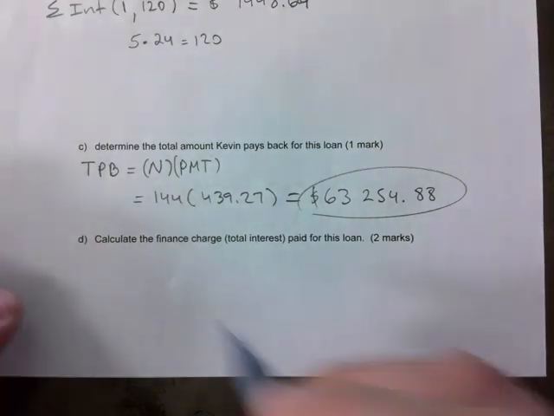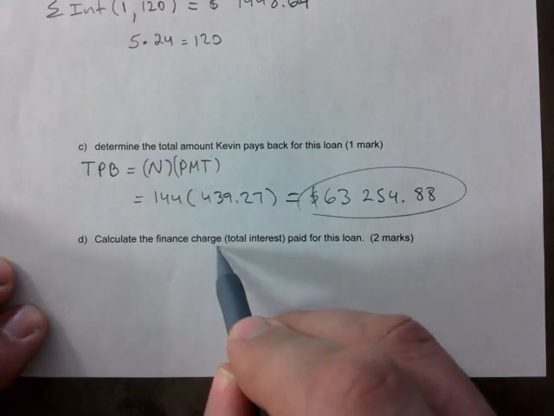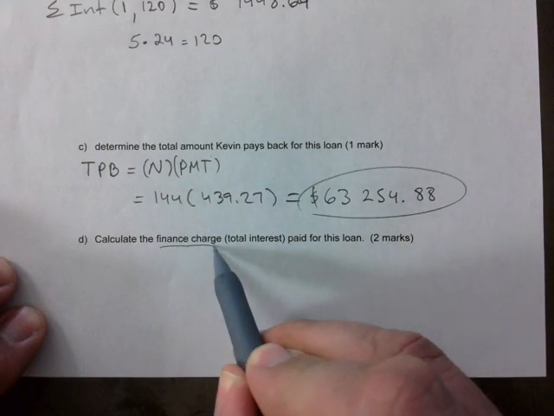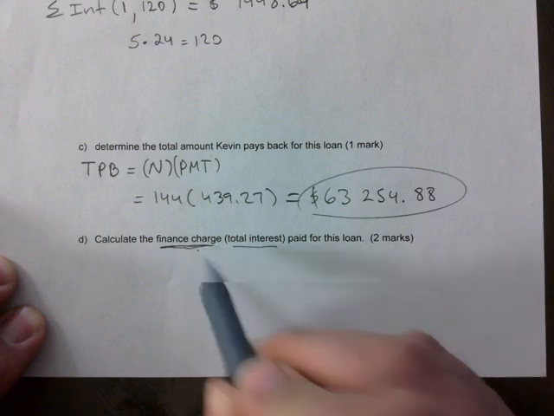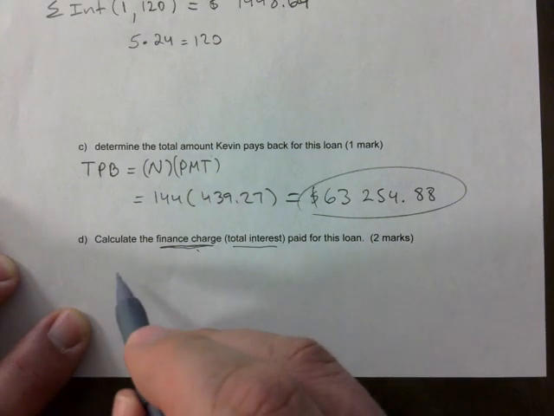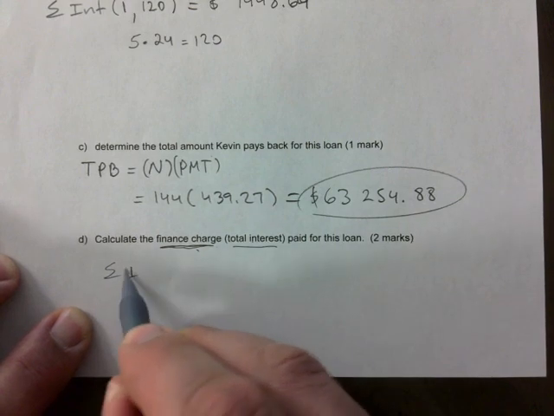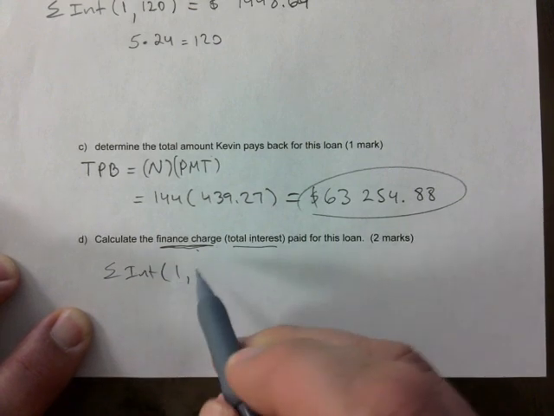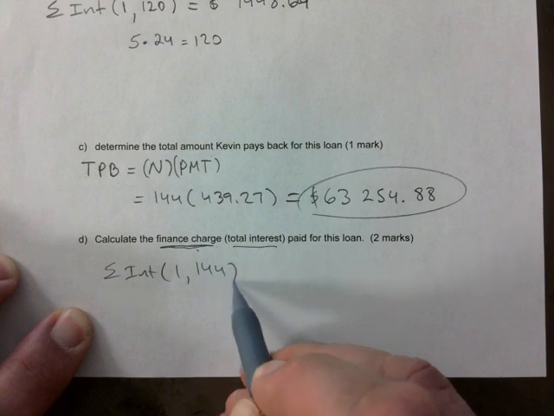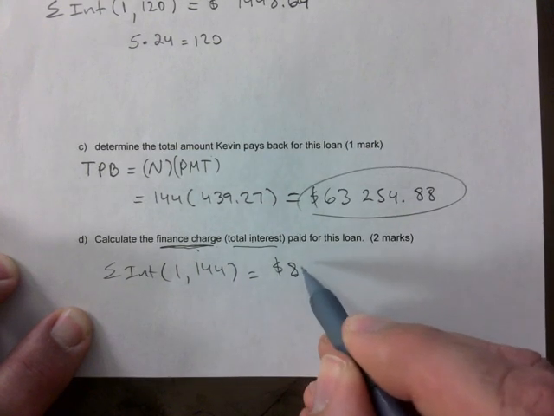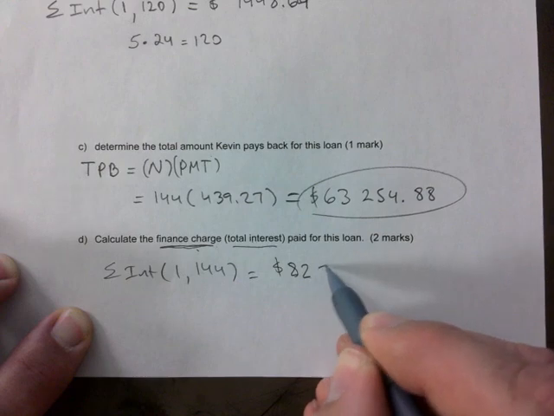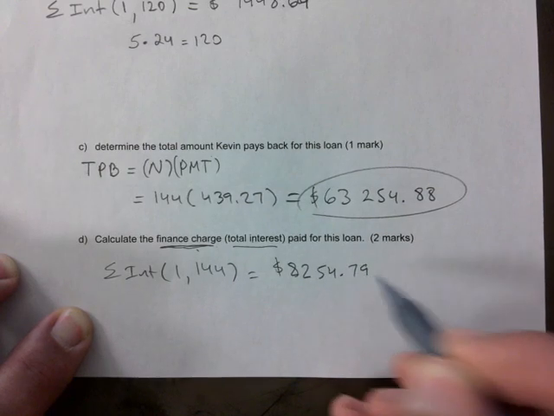Okay, next, calculate the finance charge. I want you to be familiar with the wording. Total interest is the same thing as finance charge paid for this loan. You can use this: you just go 1 to 144. I got 82,54,79 for this.